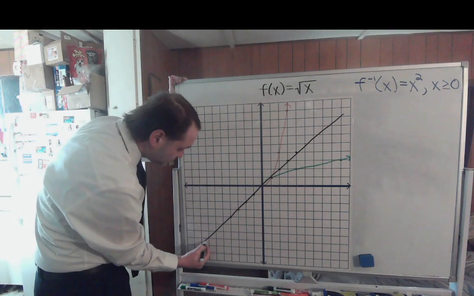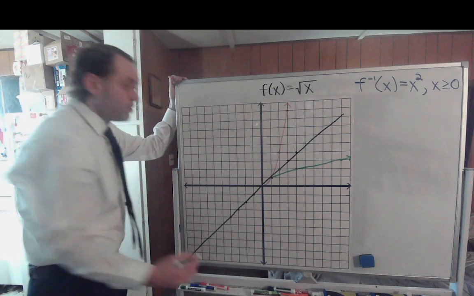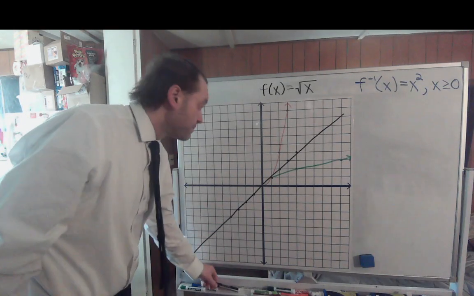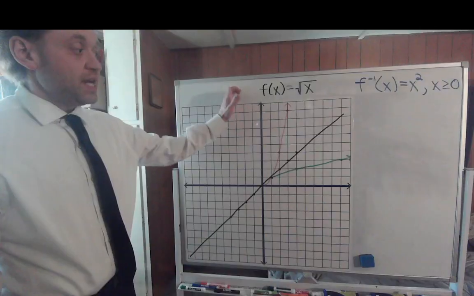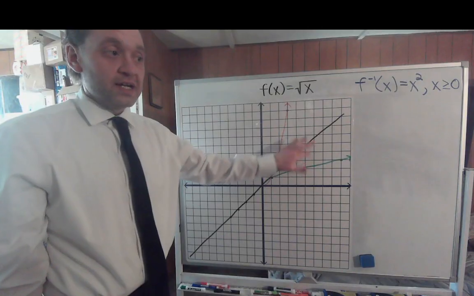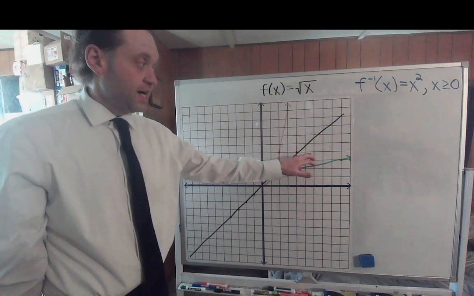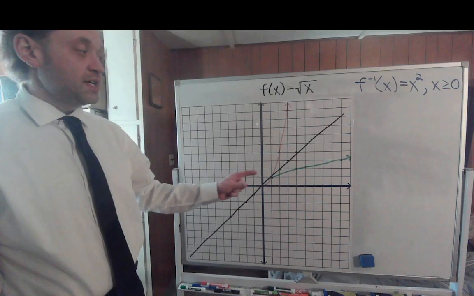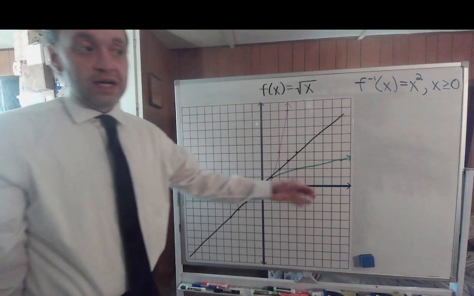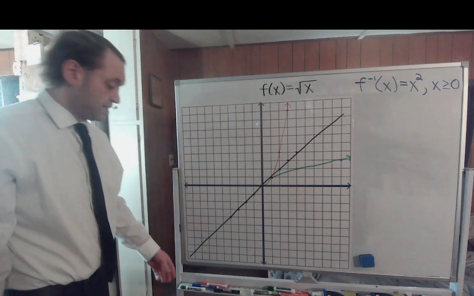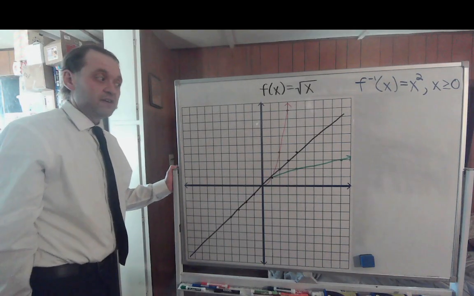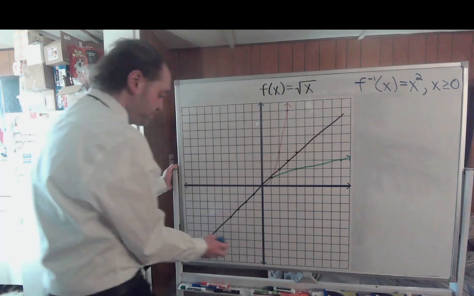So in general, it's true that a function and its inverse have symmetry about the line f of x equals x, or y equals x. So a function and its inverse are always symmetric about the line y equals x. That's an interesting tidbit to know about graphing a function and its inverse.